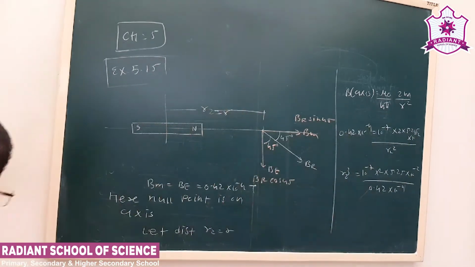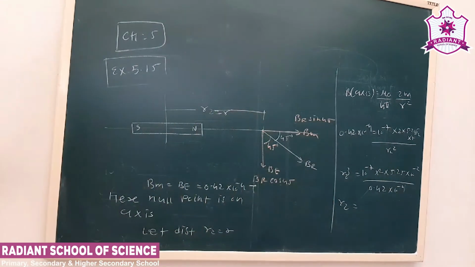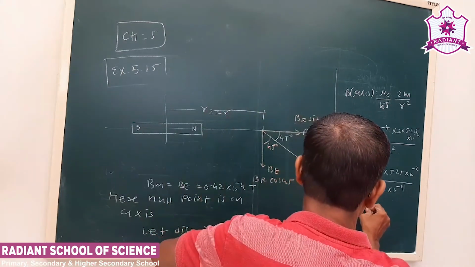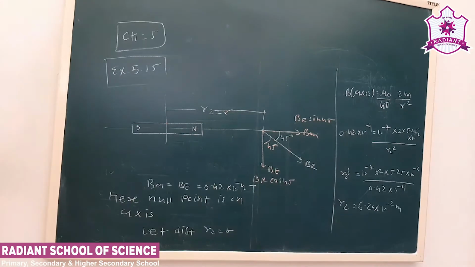Now if you solve for r2 by the same method, we'll get 6.2. Okay, this is how we can solve.